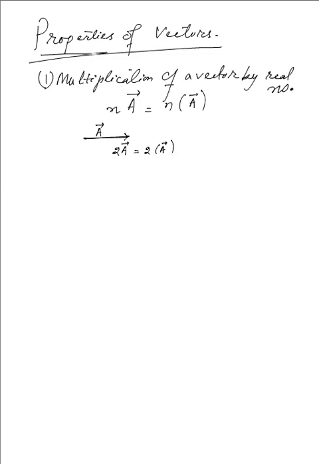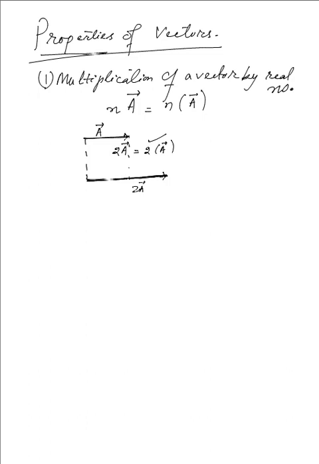If we consider the magnitude, this is the magnitude of a, and I consider double the magnitude in this case, so I take another length which is equal to a. So now I have this as 2a vector, in which the direction remains the same while the magnitude gets doubled.